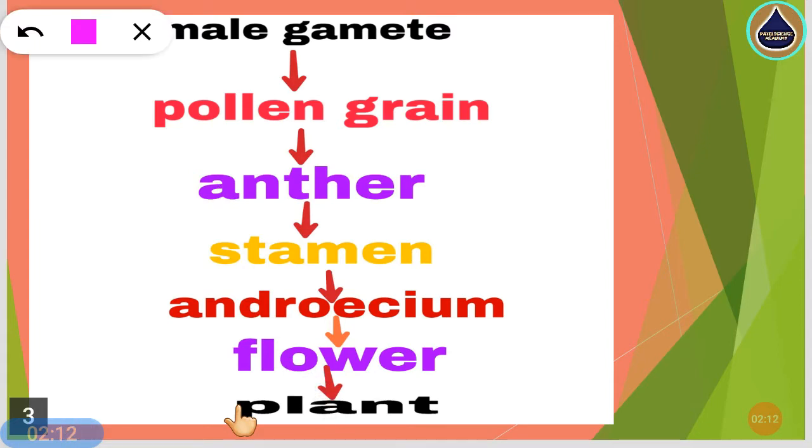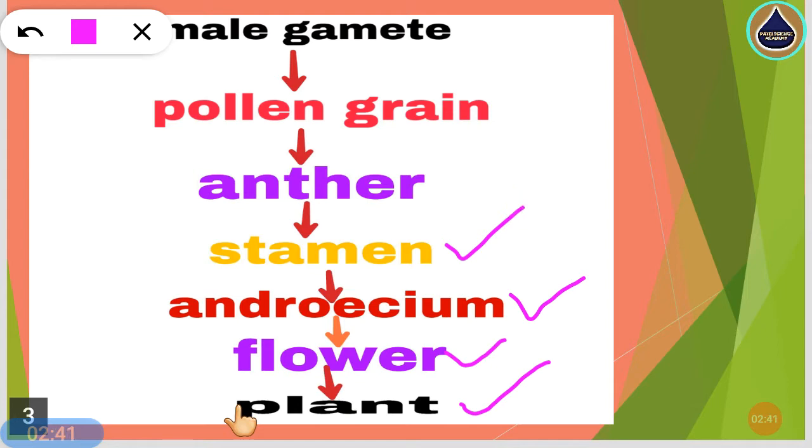So to know where the male gamete is located, we go from the bottom. The plant body is there. In the plant there is a flower. In the flower there is the male reproductive part, that is called the androecium, and the single unit of the androecium is called the stamen.